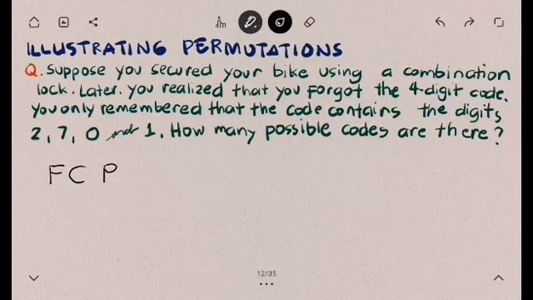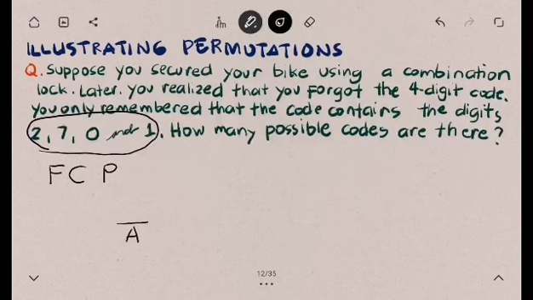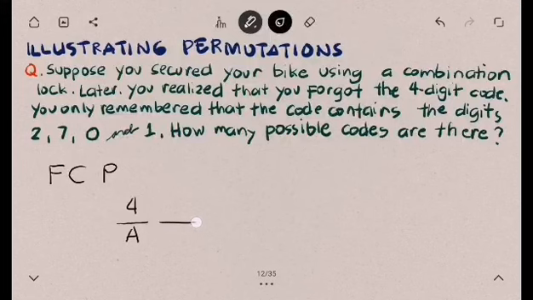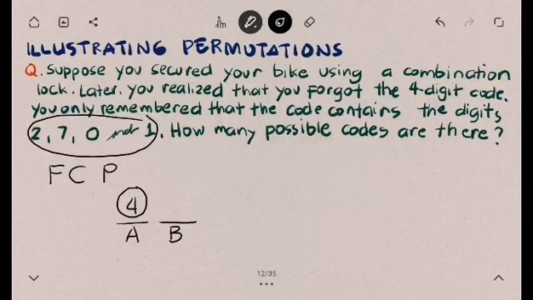Okay, so again, kung ang lock mo ay may 4-digit code, ang activity A mo, let's say, meron kang pagpipilian na 4 na digits. Okay, so ilalagay natin dito is 4. Then, para sa pangalawang code o yung activity B mo, kung nakapili ka na ng isang number mula dito, meron ka na lang 3 choices.